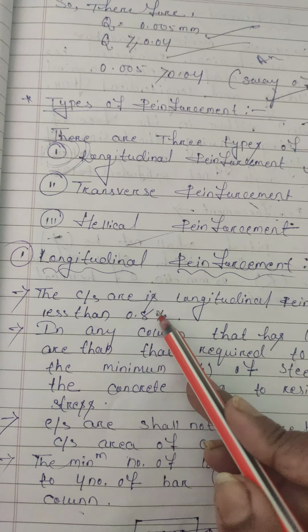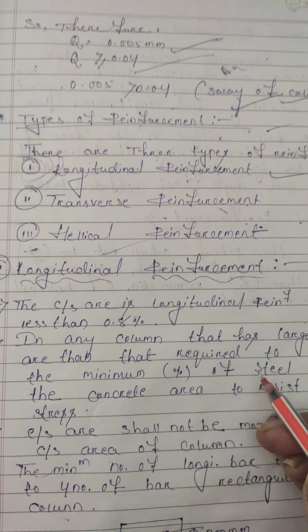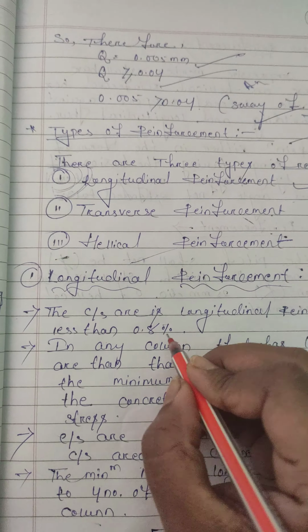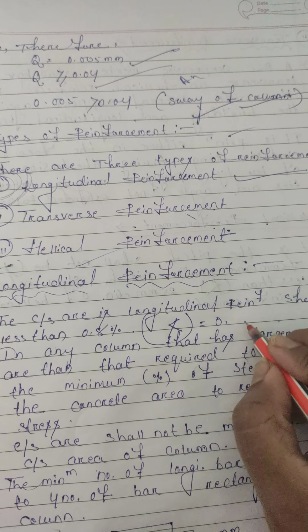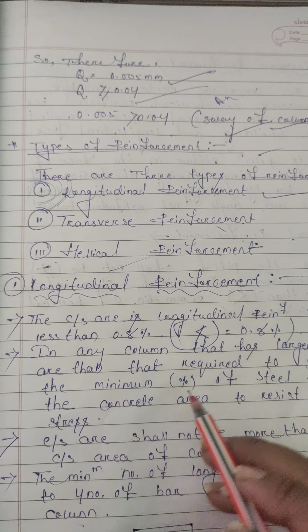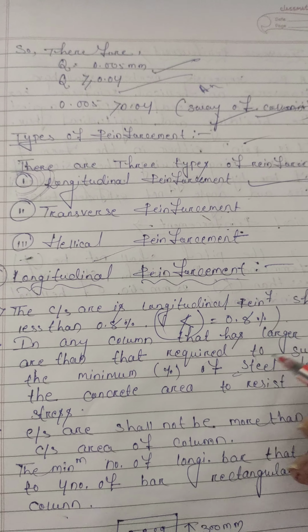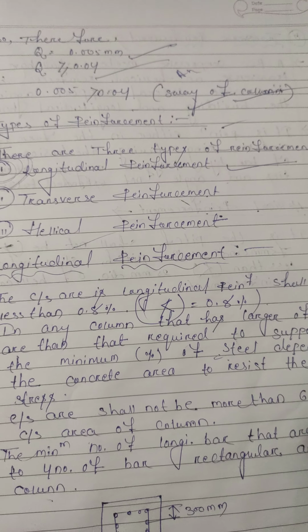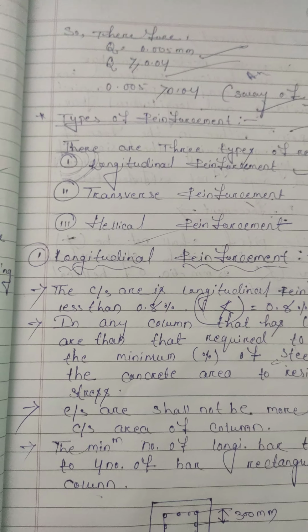The first rule: the cross-sectional area of longitudinal reinforcement shall not be less than 0.8%. Second, in any column section that has a larger area than required to support the load, some load is applied on the longitudinal reinforcement bar.